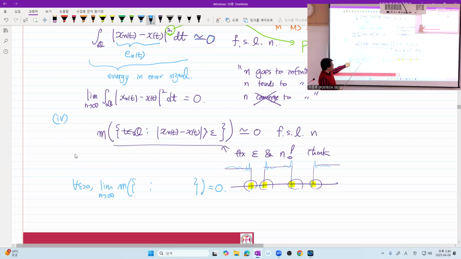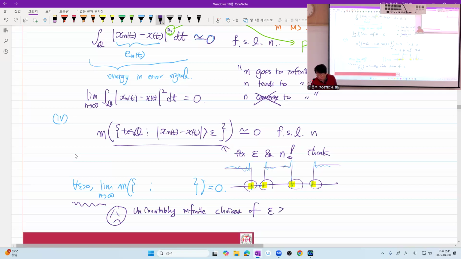So for each epsilon, you have a sequence of real numbers. And whatever epsilon you choose, you want what? The sequence converges to 0. So here, how many sequences do you have? Uncountably infinite sequences, right? So the definition is a little bit messy because you have uncountably infinite choices of positive epsilon.